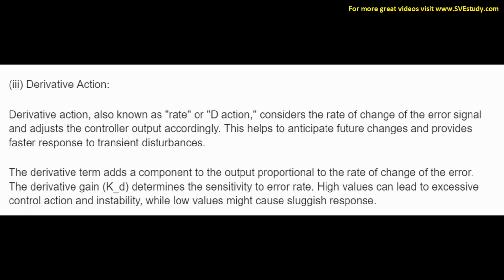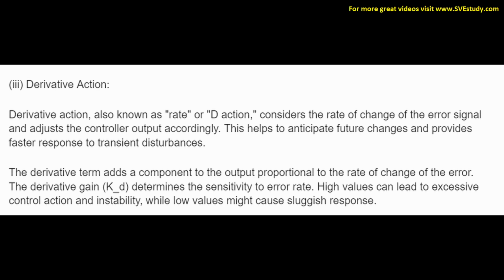3. Derivative action. Derivative action, also known as rate or D-action, considers the rate of change of the error signal and adjusts the controller output accordingly. This helps to anticipate future changes and provides faster response to transient disturbances.